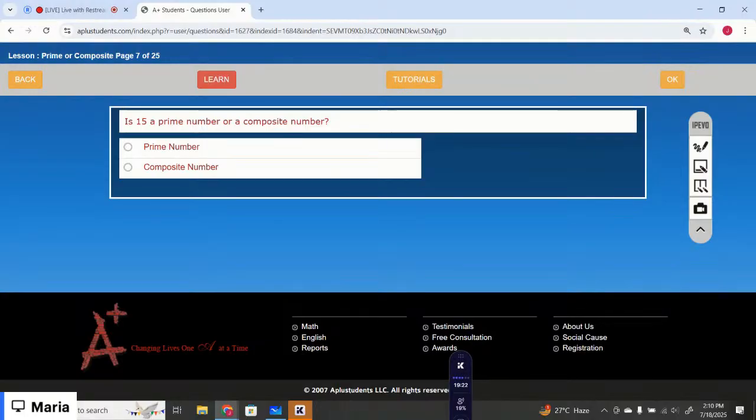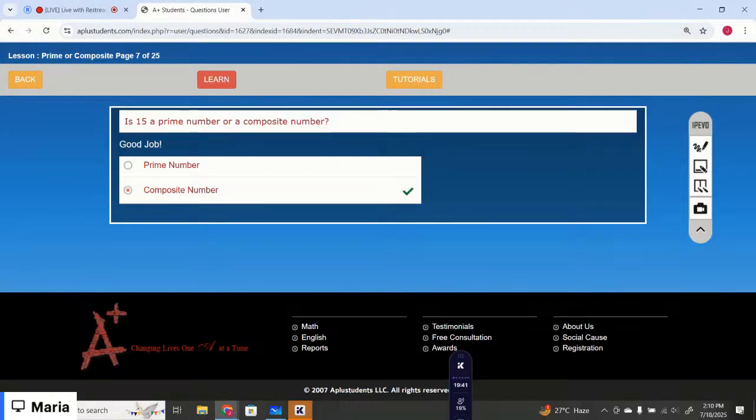Is 15 a prime number or a composite number? Fifteen is a composite number. Option number 2 is the correct option.